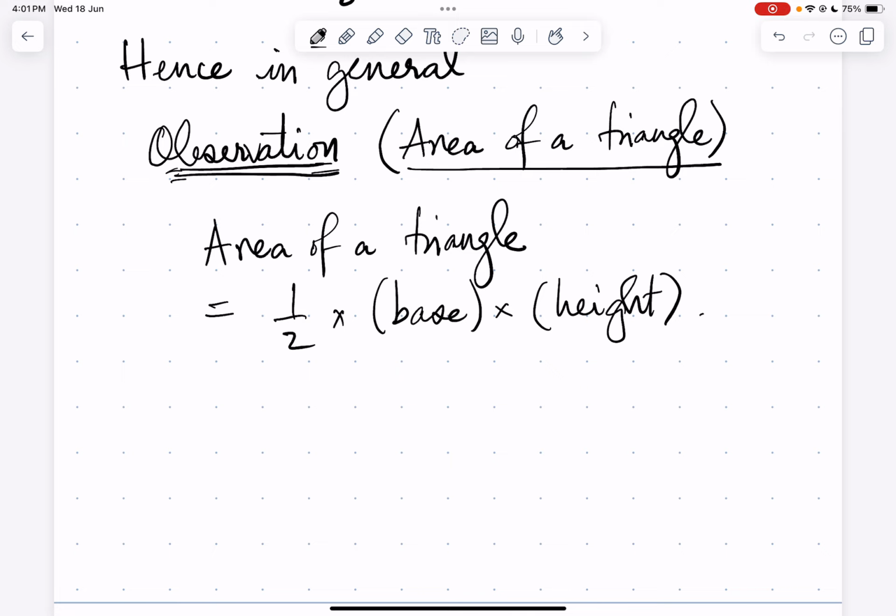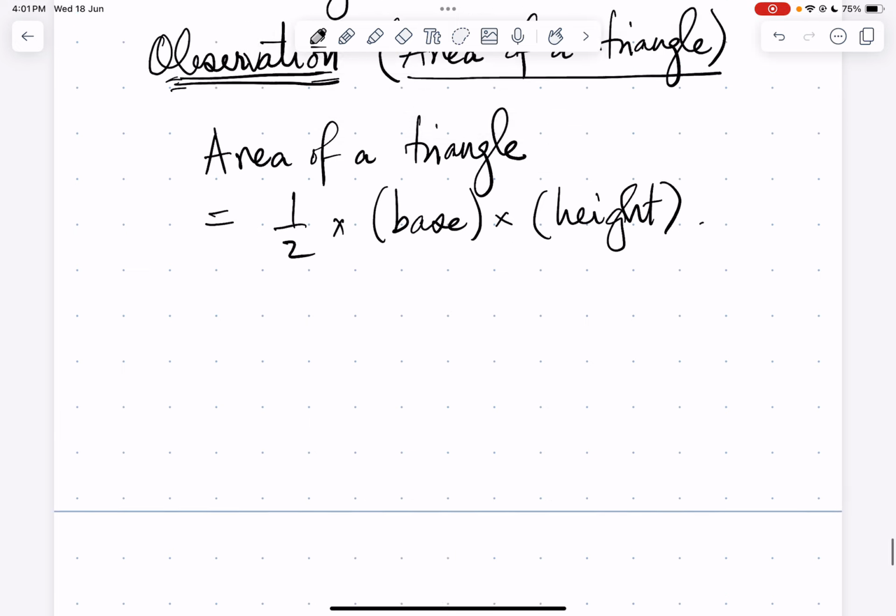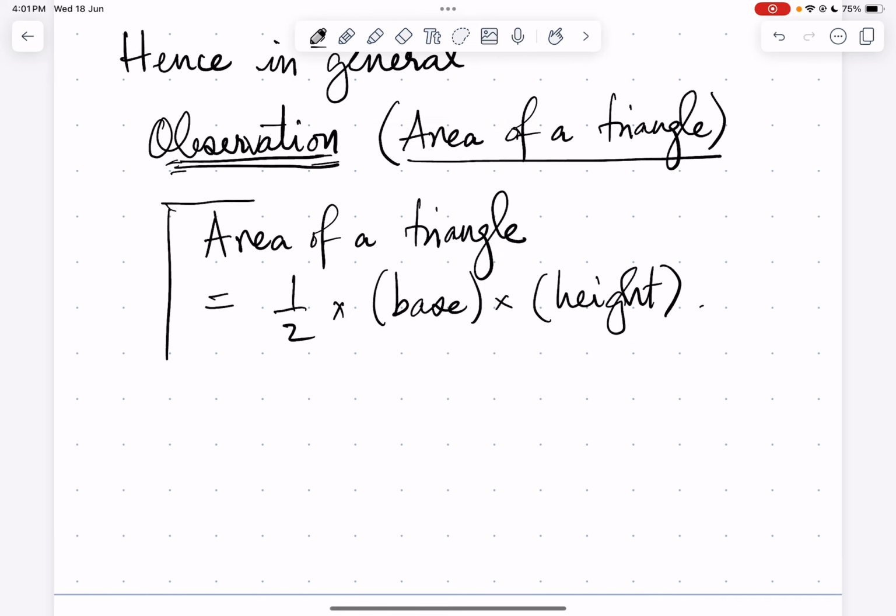So the area of a triangle is half base into height. This is the general observation.